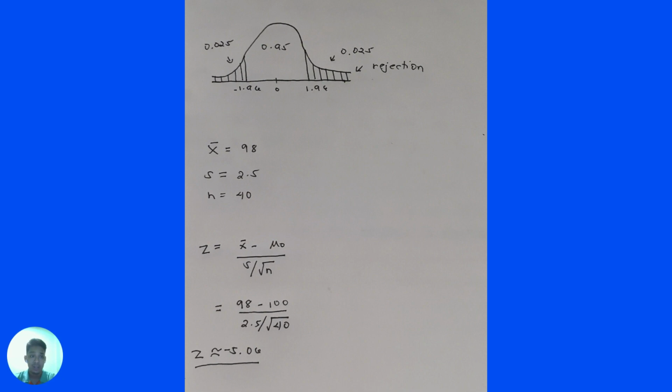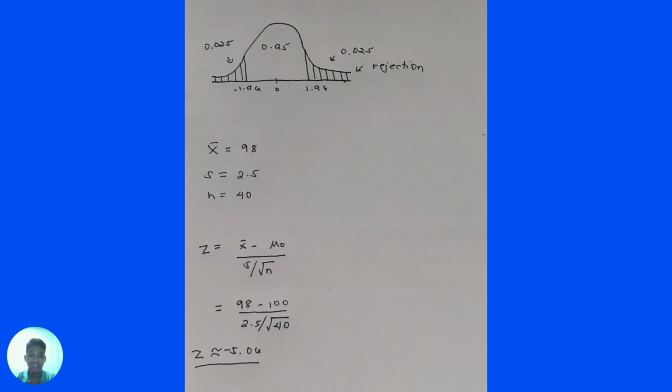Substituting the values, x bar is 98 minus 100 over 2.5 over square root of 40. Using our calculator, this is approximately negative 5.06.